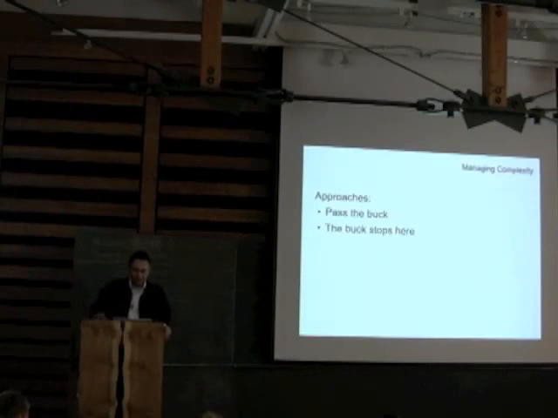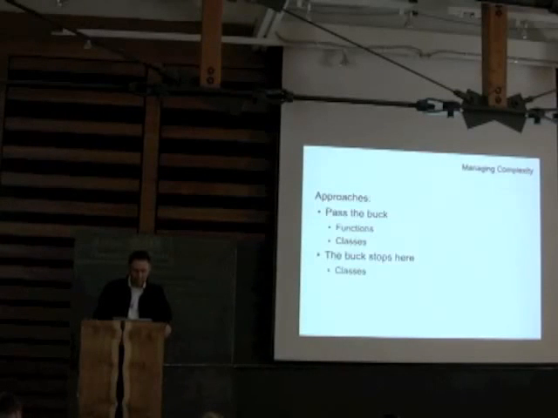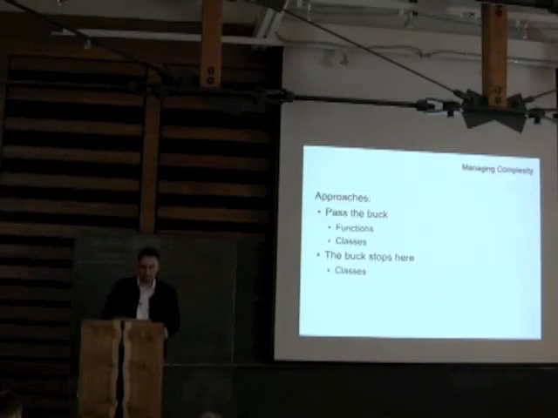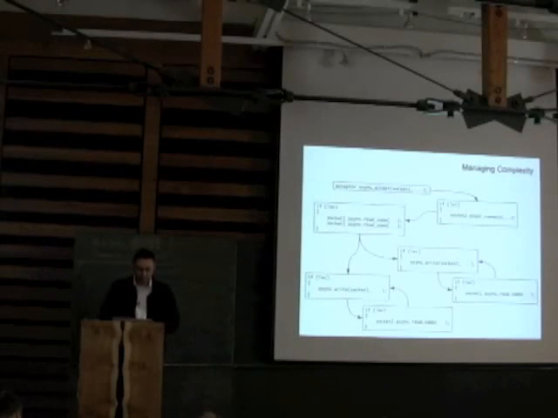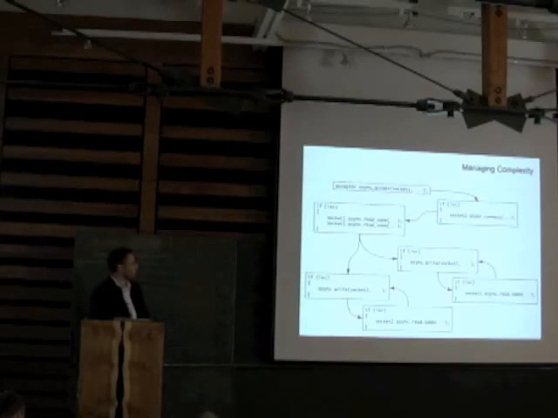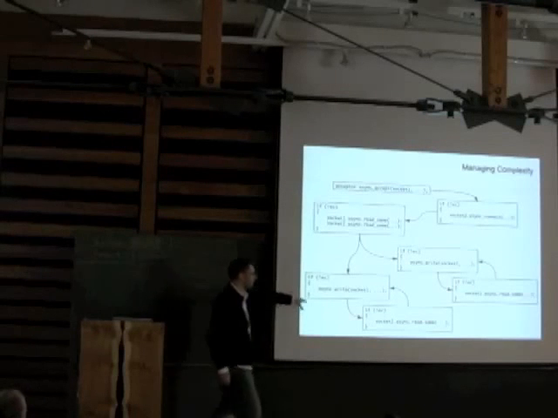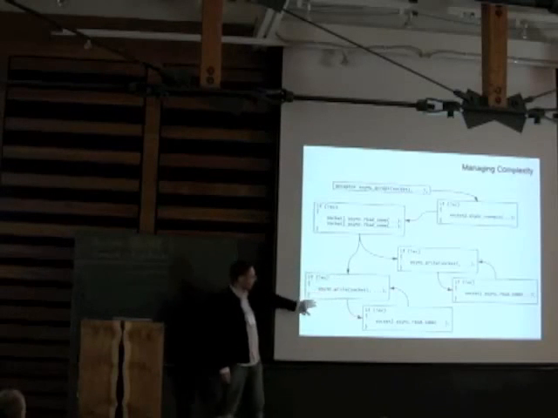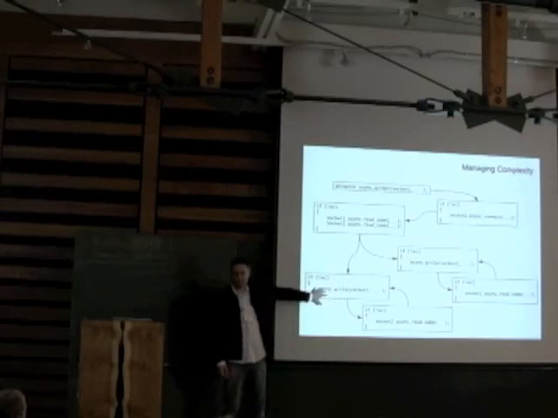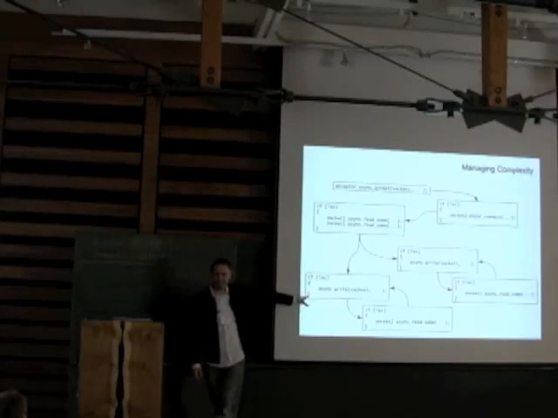And the principle of pass the buck can actually be subdivided into functions and classes, and I'm going to give a couple of examples. So if we go back to our proxy connection here, where we've actually got two loops running in parallel, we can recognize that these loops are basically doing the same thing.